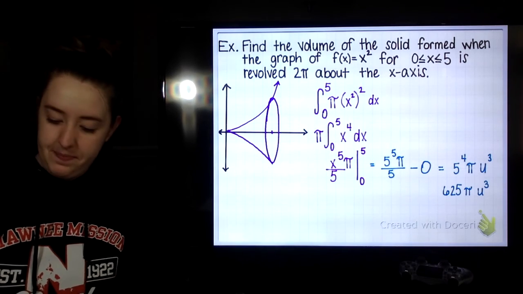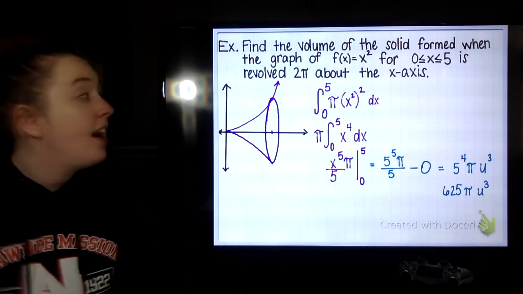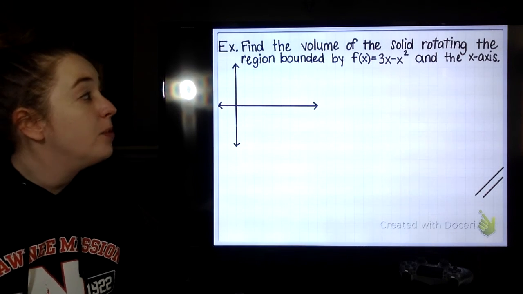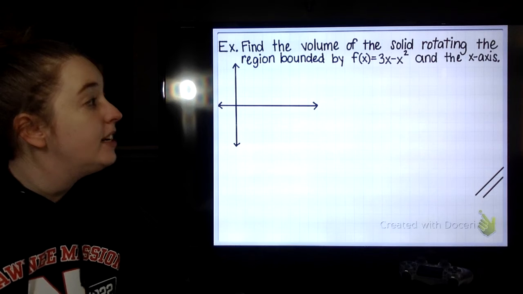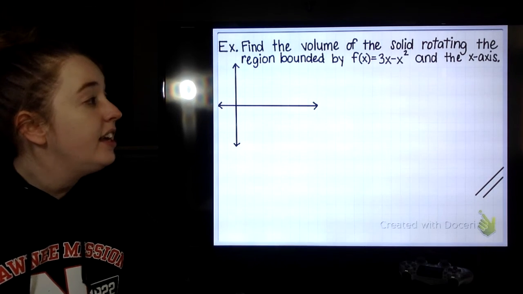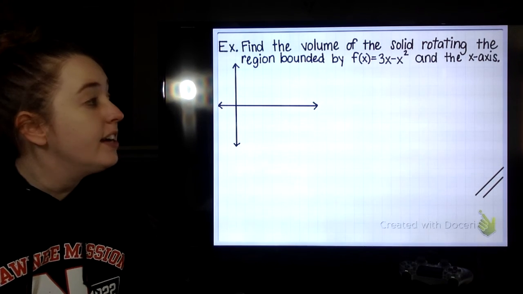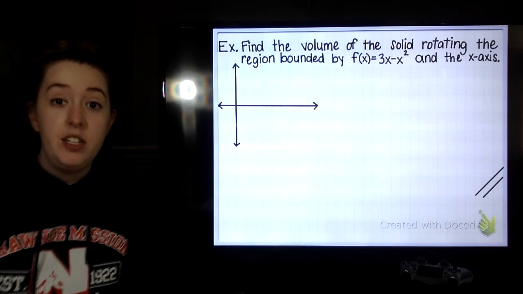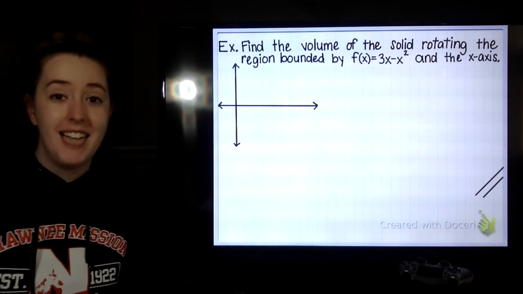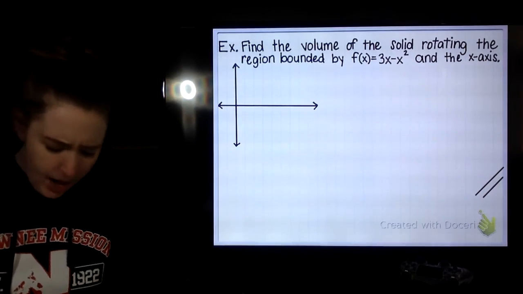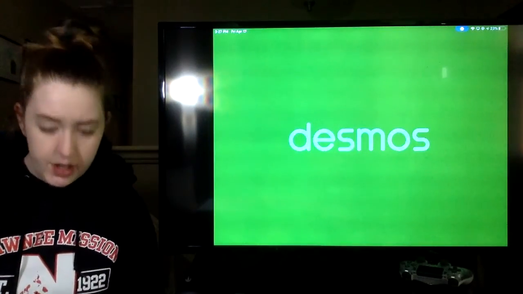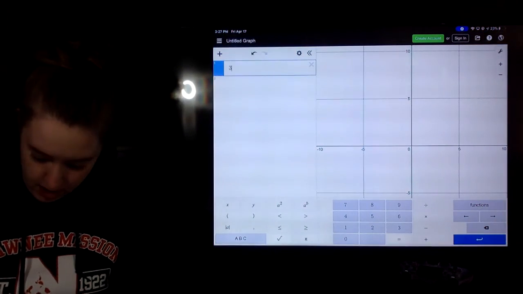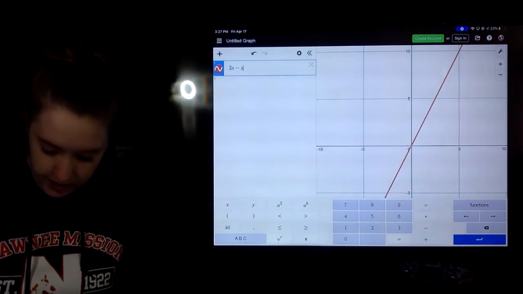Okay, last one. Now we want to find the volume of the solid rotating the region bounded by f of x equals 3x minus x squared and the x-axis. So the first thing we want to do is go ahead and graph this out. So let's hop on Desmos real quick and take a look at what that would look like. 3x minus x squared.